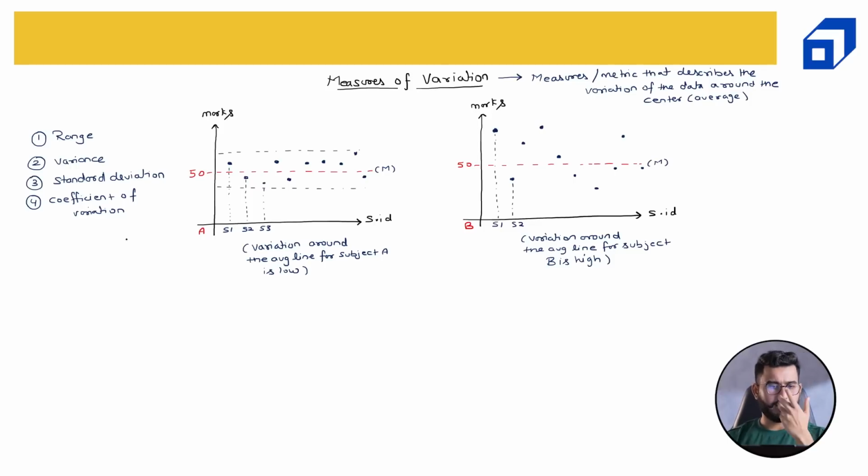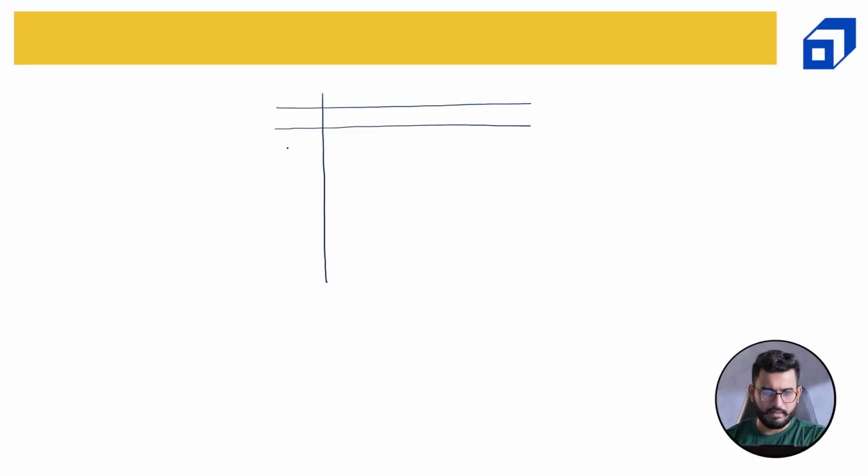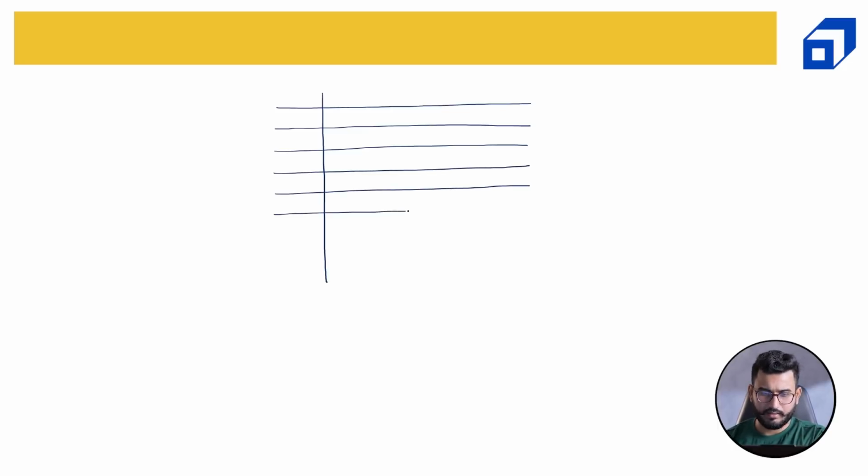Now in order to talk about any of them, we need the data. So let's create some random data. Let's say here we have the marks of students in one particular subject. I'm intentionally drawing this table a bit large because we will be calculating a few parameters in order to arrive at the exact quantity we are looking for.